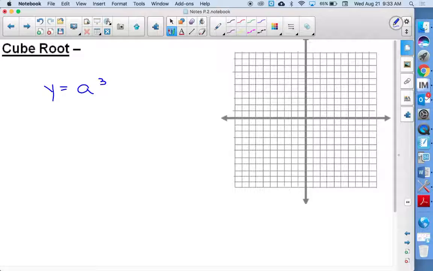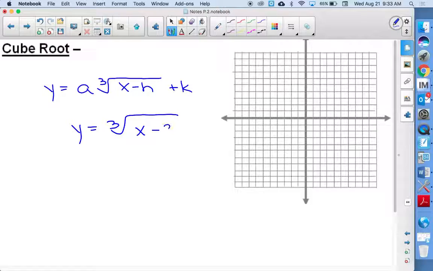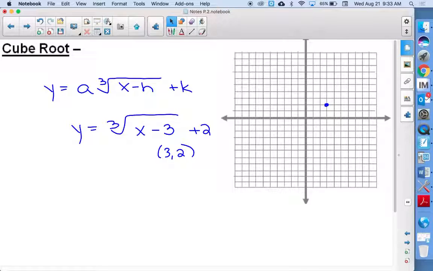A cube root means we have a little cube with the radical. And again, those same numbers, x minus 3 plus 2. So we know 3 and 2 have to be where we're focusing our graph. So try and see, how does that apply with x? A little bit of mental math.